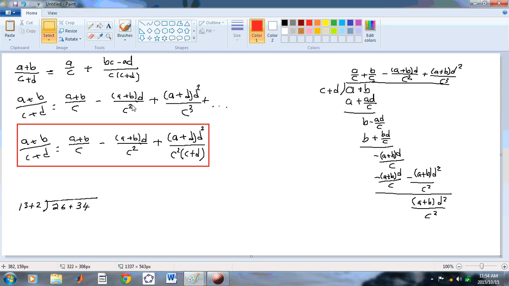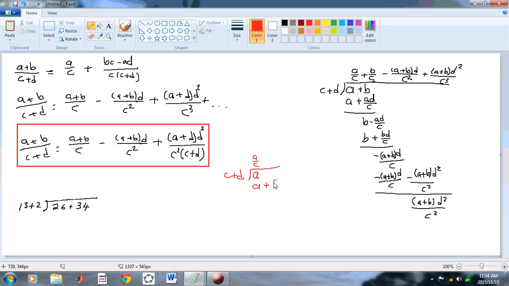Okay, so now if we go to the theory behind it, what I'd like to do is first show you what happens if we divide A by C plus D. Yes? Okay, so if we divide A plus C by C plus D, we get A over C, right?